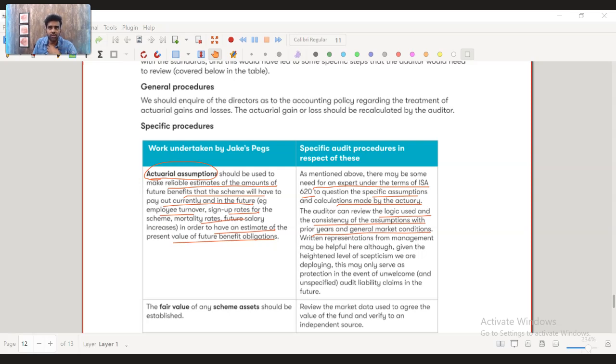Further, just because he is independent and has capability and competence doesn't mean that whatever work he does will be proper. We also need to review the work done by the expert.